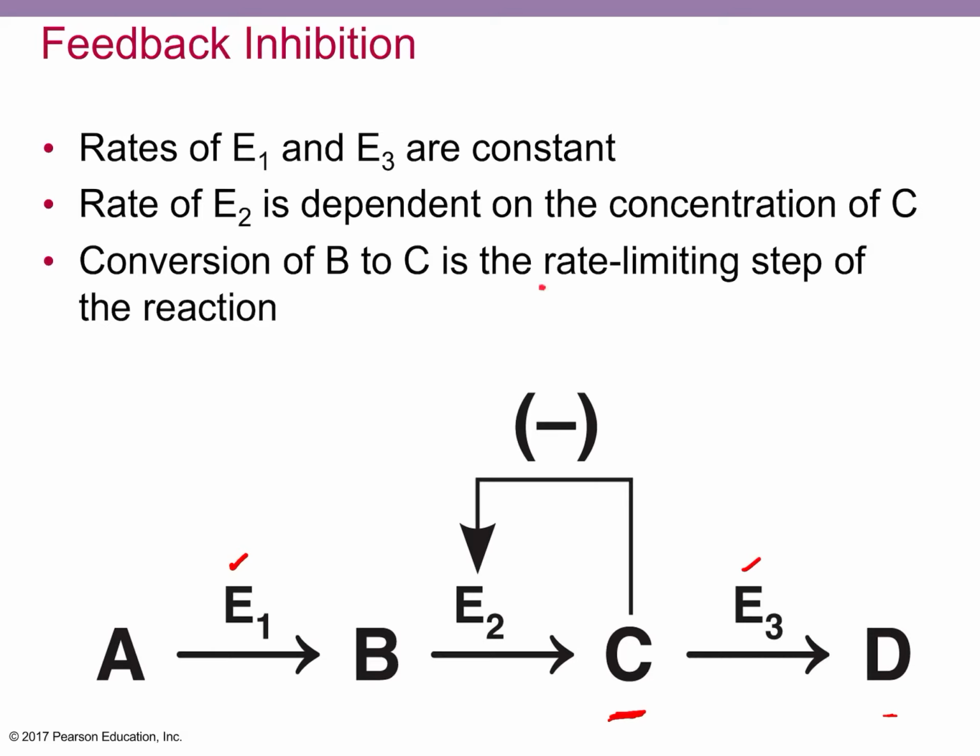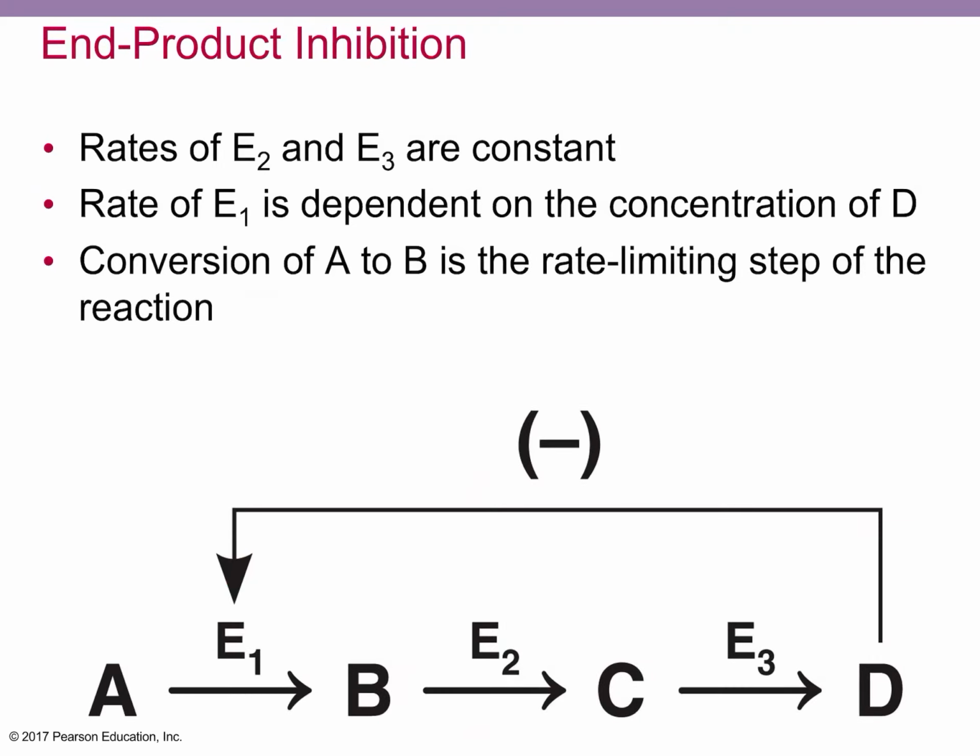Enzyme 2 is known as the rate-limiting enzyme. So the step from B to C is the rate-limiting step, meaning that this is the slowest, or this is the one that's regulated and controlled. So feedback inhibition just means that C becomes an inhibitor, because we're using inhibition, right? C is an inhibitor of enzyme 2. So as the amount of C goes up, we can start to slow down the process of making C by feeding back and slowing down the enzyme.